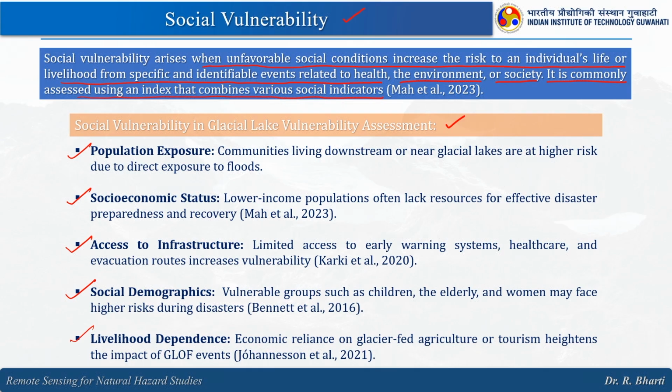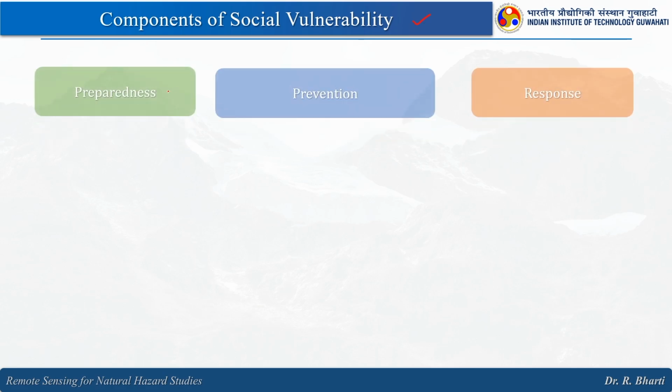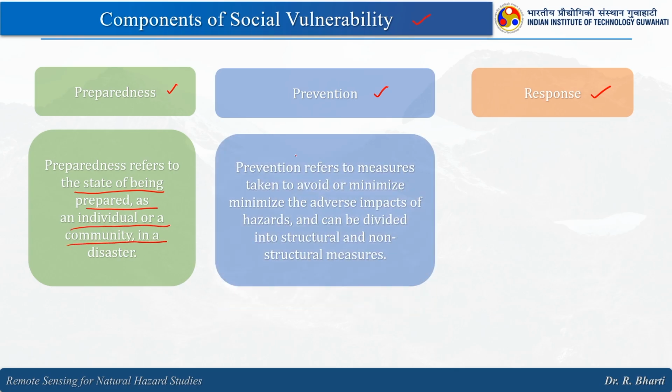So, these are the social indicators. Then, the components of social vulnerability are preparedness, prevention and response. Preparedness refers to the state of being prepared as an individual or a community in a disaster.